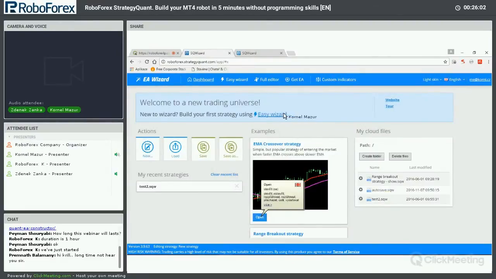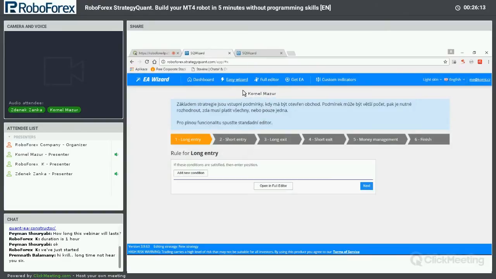Or if you are not a programmer, and of course you don't need to be, but if you never created trading robots, let me prepare here an easy wizard. This is a wizard where in 6 steps you can create your first robot.